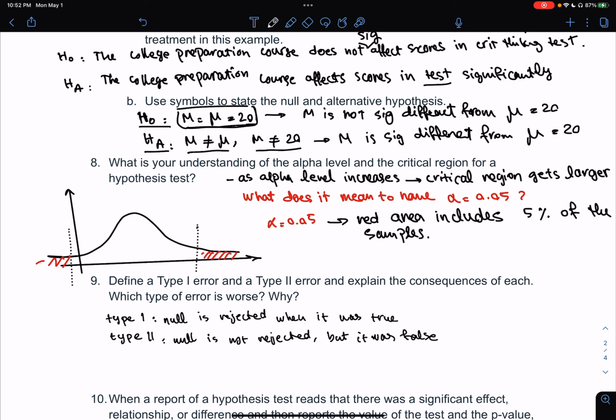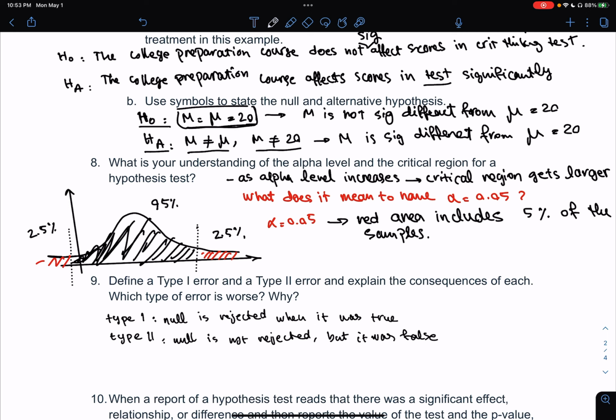So what we are basically saying is that this chunk in the middle is 95% of the sample. We claim that 95% of the data is in this middle section, and the 5% is split: 2.5% is here, and 2.5% is here.